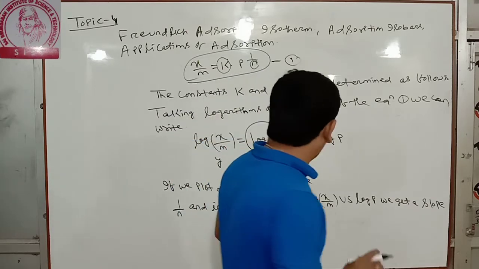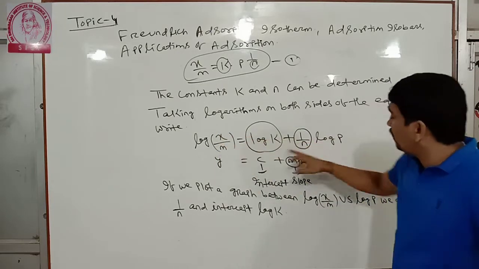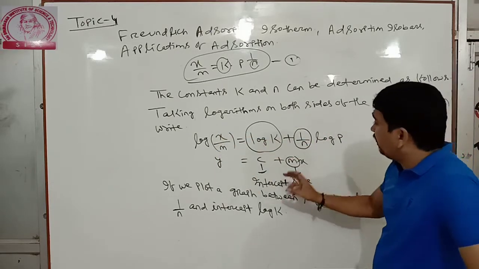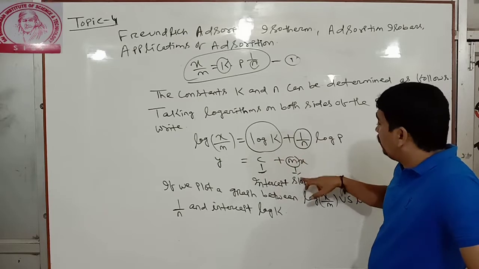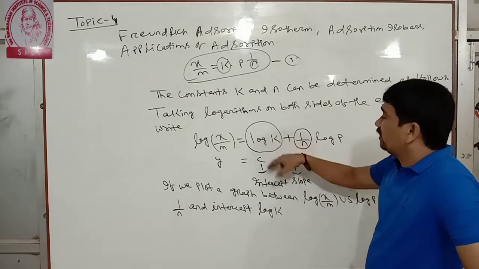So if we plot a graph of log x by m versus log p, we will get the slope value 1 by n and the intercept is how much? Log k.